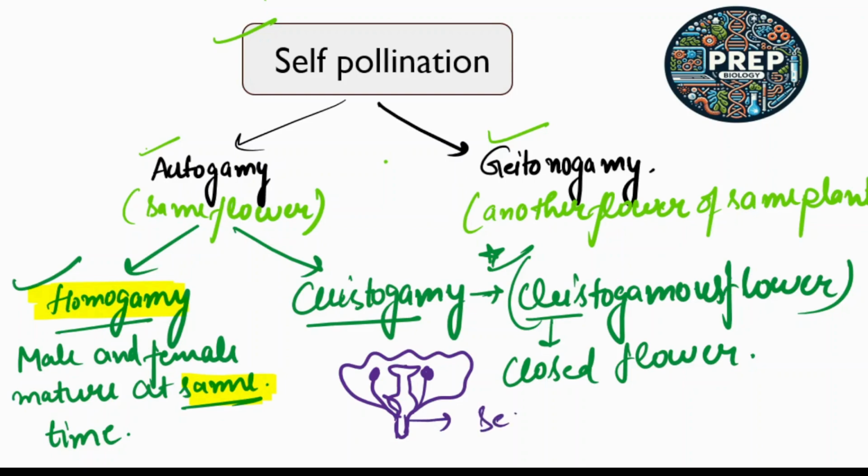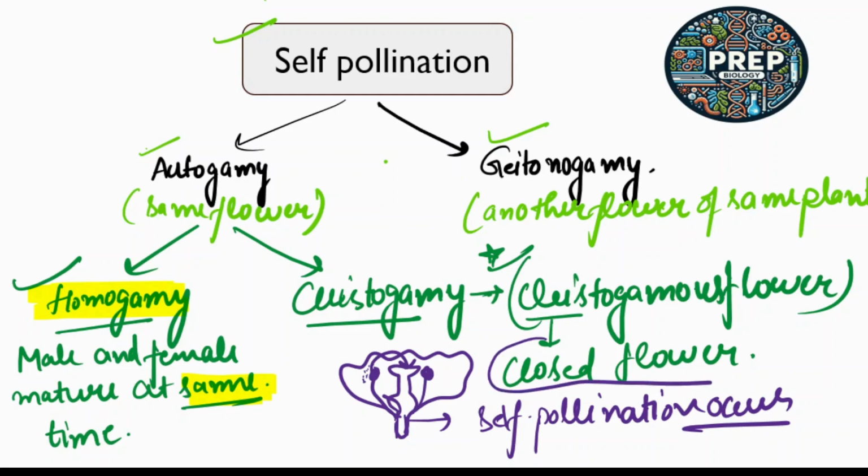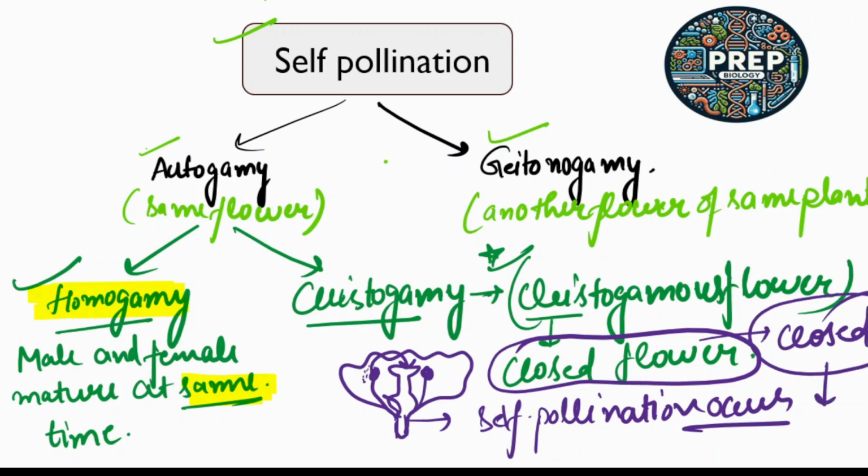Then self-pollination occurs. So cleistogamy is the process in which the transfer of the pollen grains occurs from the anther to the stigma within the same flower, because here the flower is closed, meaning the reproductive organs are unexposed in nature.